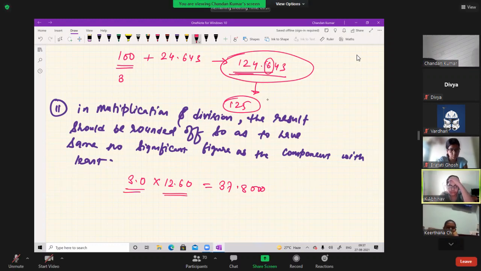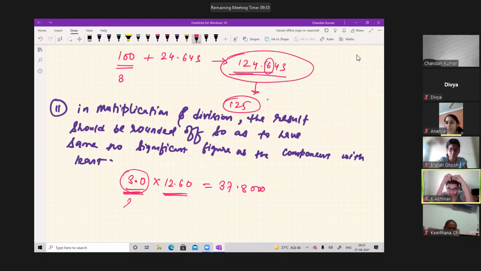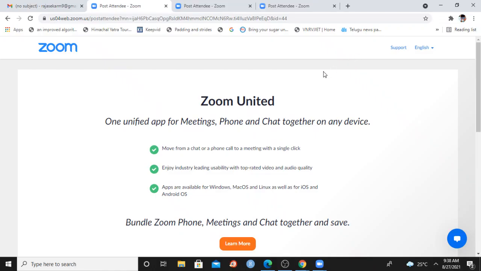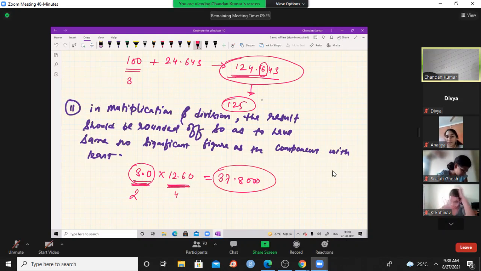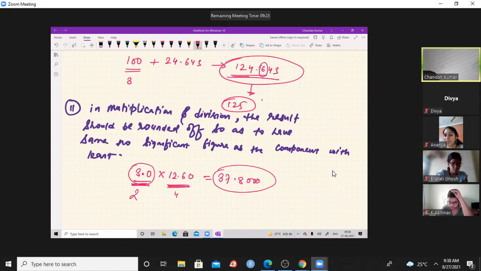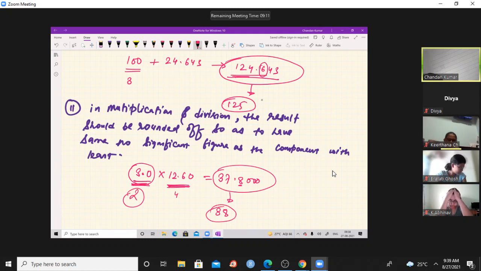Is it 1 or 2? It's 2. And here we have 4. So how much do we need? 2. So we need to write it in two significant figures. So 37.8, we are going to round it off to write 38, right? Can you see the magic?